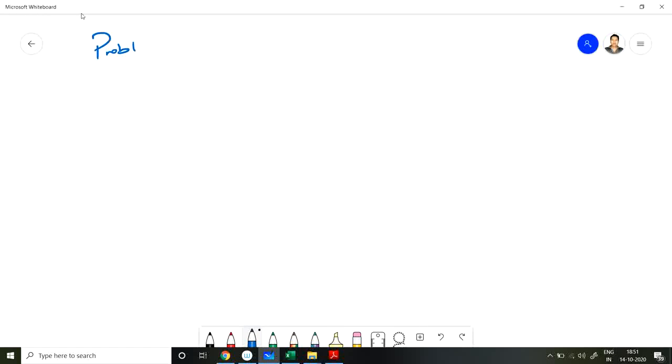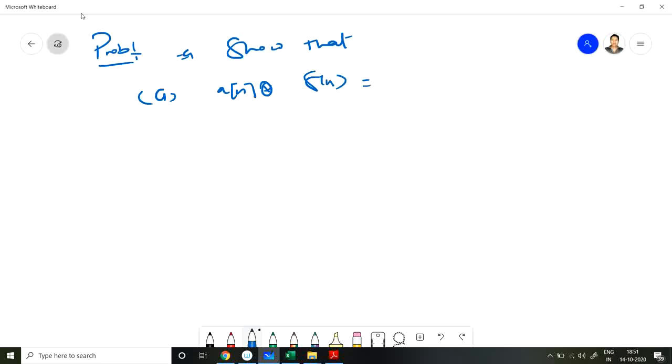Okay, so let us solve another problem, and this problem is related to discrete time system. We have some relations that we need to prove. So show that first, x[n] convolution with delta[n] is equal to x[n]. This is our first part. Second part is x[n] convolution with delta[n minus n naught] is equal to x[n minus n naught].